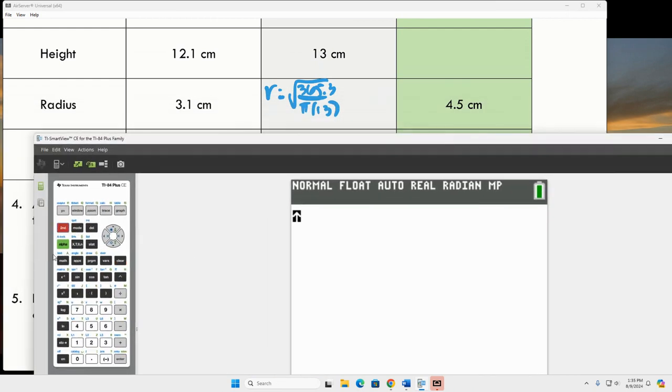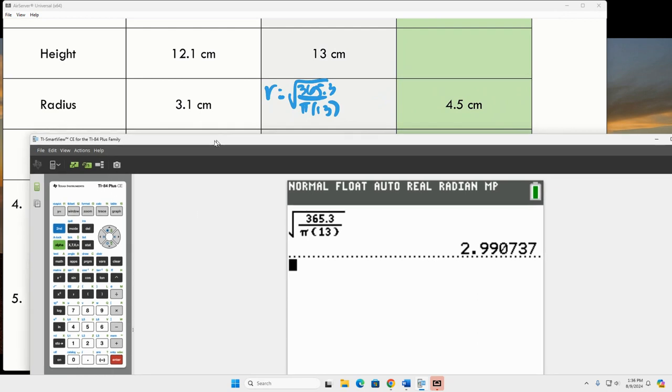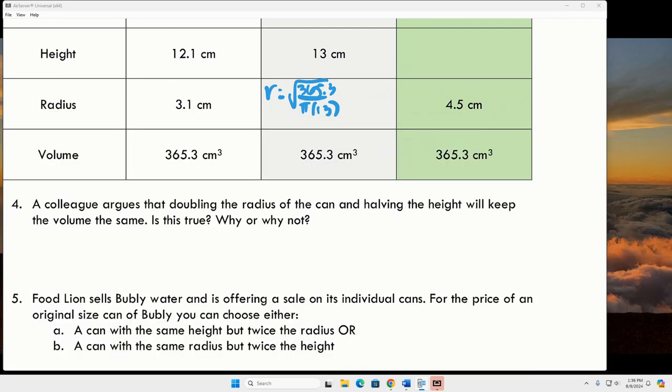Alright, so you start off with the square root, and then put the fraction button, and then put in your numbers. Anytime you need pi, I wouldn't do 3.14, I'd actually do the pi button. And that's what you should get, 2.99. Is that what you got? Yeah, good.